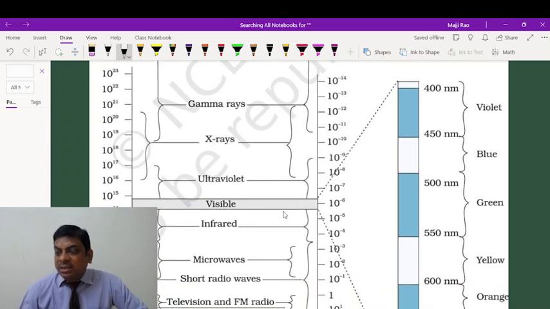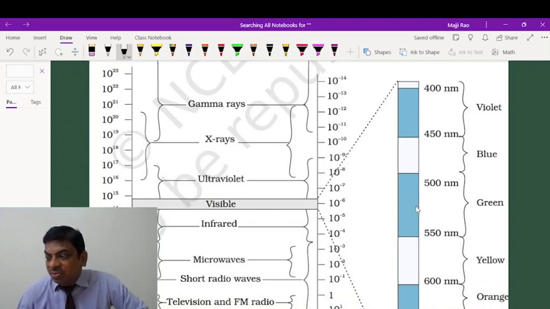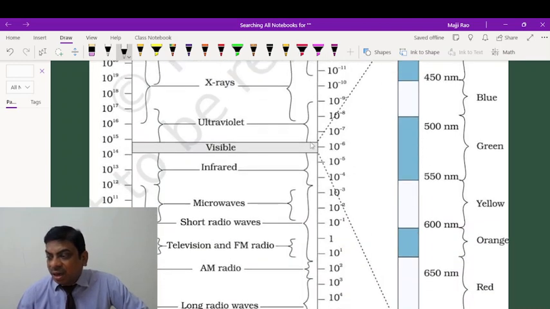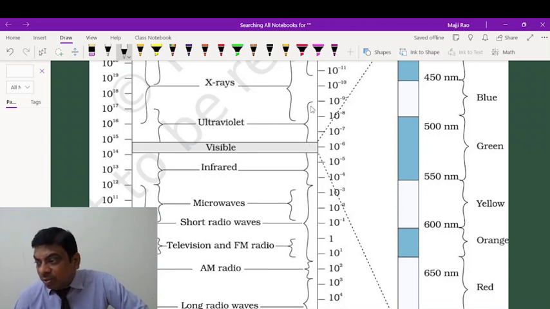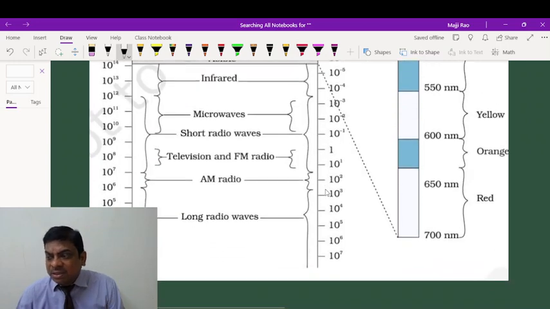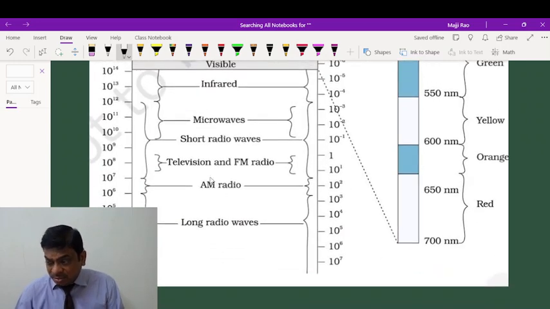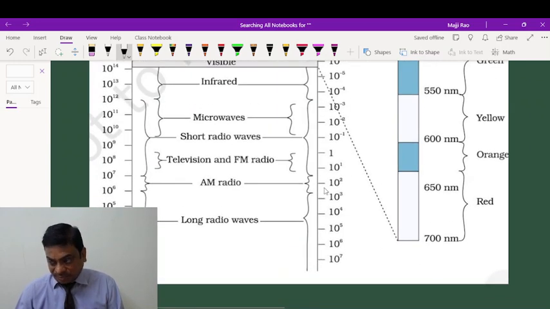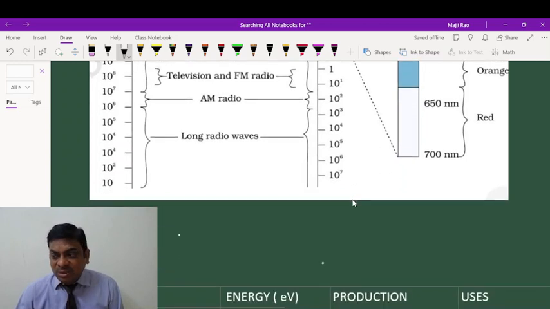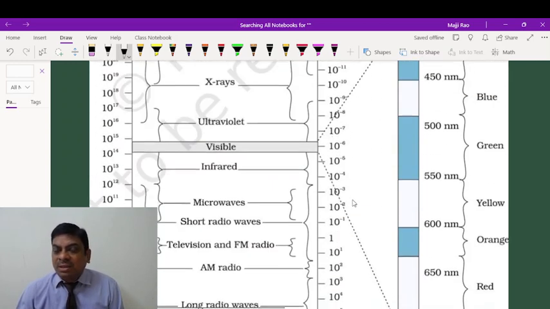Visible light is from 400 nanometer to 700 nanometer. Ultraviolet light is from 400 nanometer to around 0.1 angstrom. All this we have already discussed, students. So you can go through this and you have to memorize everything.